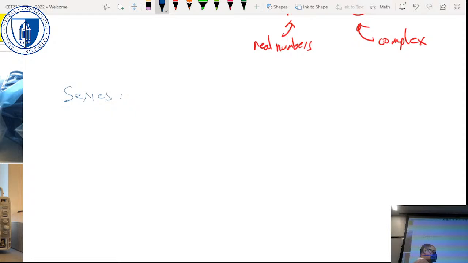So if we're drawing two series resistors, then we get that, right? There's R1 and there's R2.